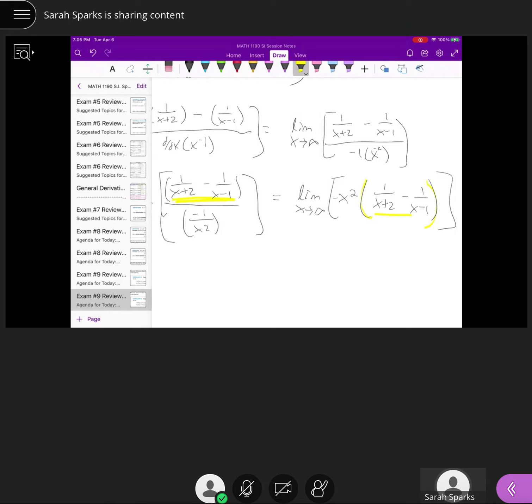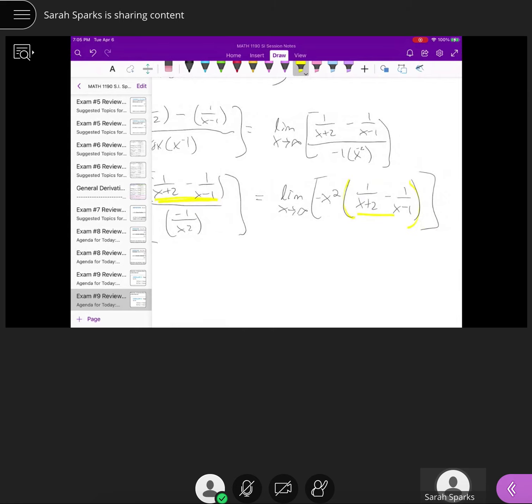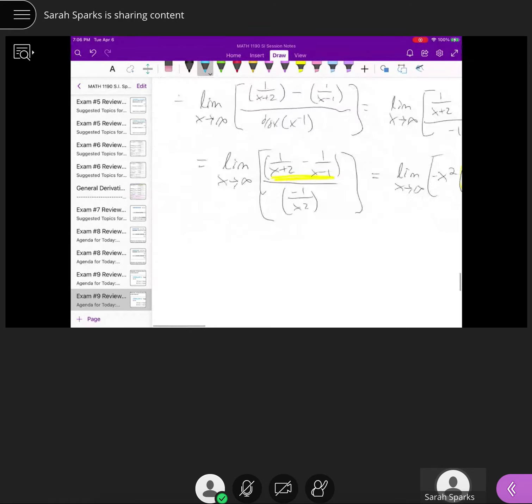All right. So we're going to add those two fractions together by finding a common denominator. We're going to multiply 1 over x plus 2 by x minus 1 over x minus 1, and then multiply 1 over x minus 1 by x plus 2 over x plus 2.